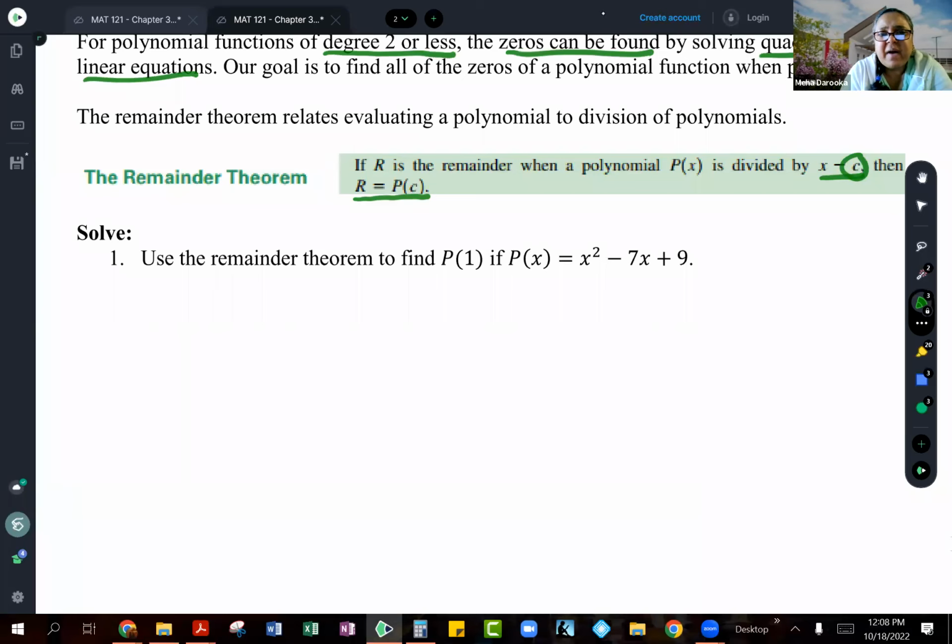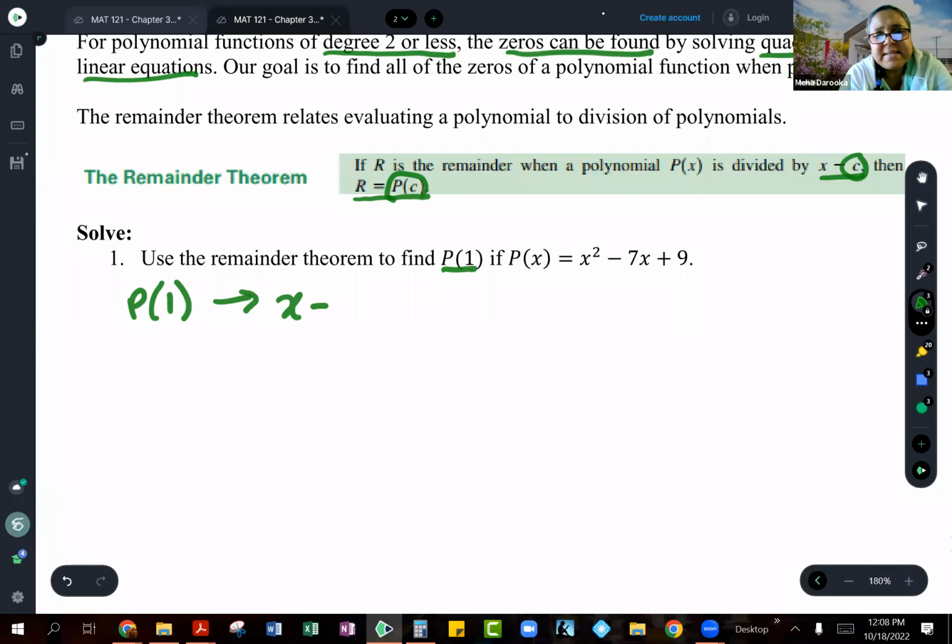We're using the remainder theorem to find what the p of 1 answer will come out to be. Since they're giving you p of 1, we're going to set it up as x minus 1. And we're going to have to divide our polynomial by this factor of x minus 1.